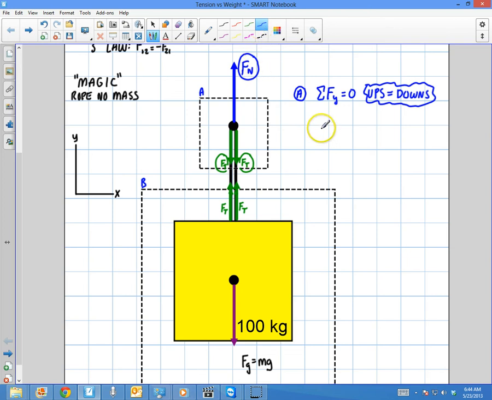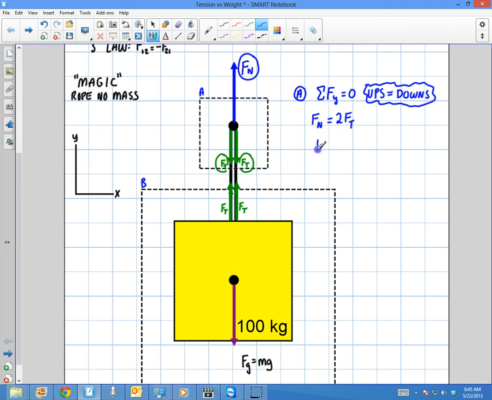Okay? So for example, I can say the force normal is going to equal twice the tension. So in this case, the tension, if you want to talk about tension, is going to be half of the normal because they're each taking up half of the slack here, right?